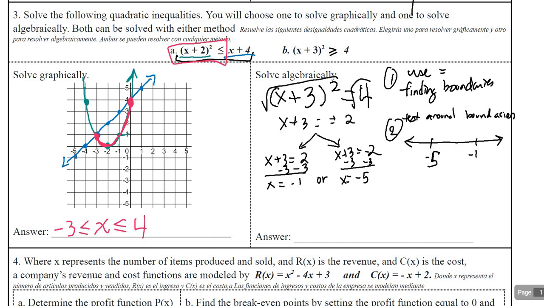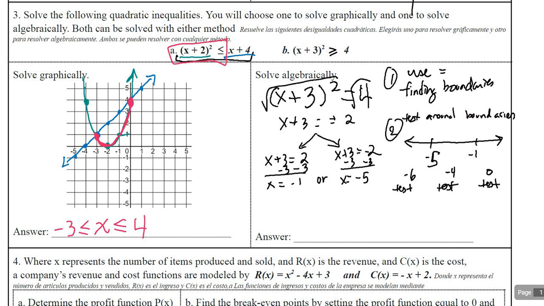And I will use, it doesn't really matter, I'll use -6 to test. I'll use -4 to test. And I'll use 0 to test.